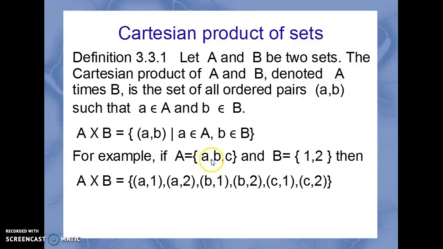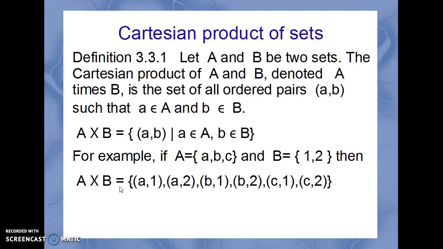This is called the Cartesian product of sets. It is the multiplication, or product, of two sets.